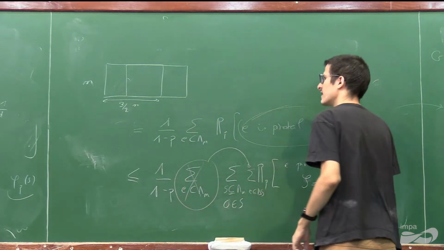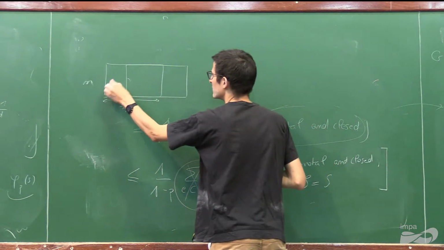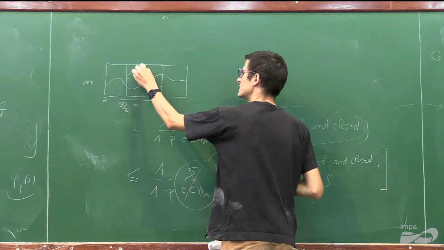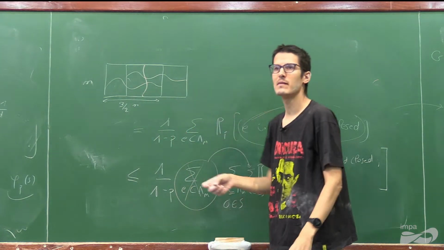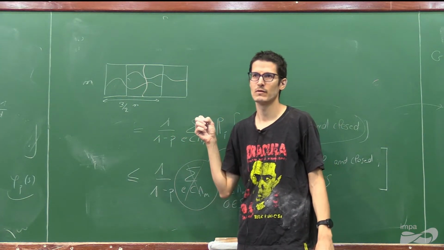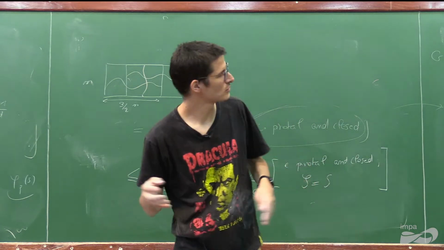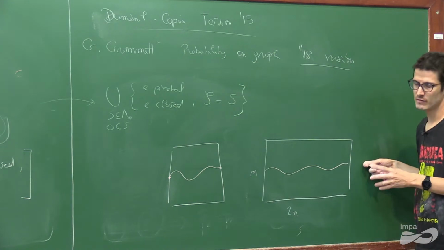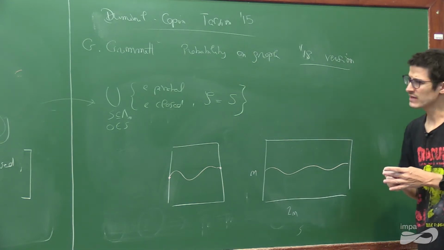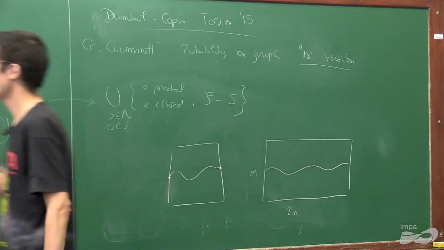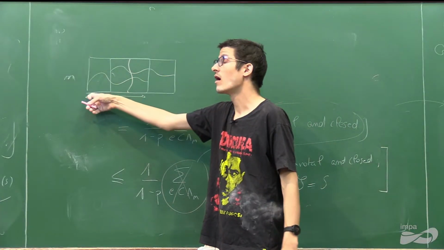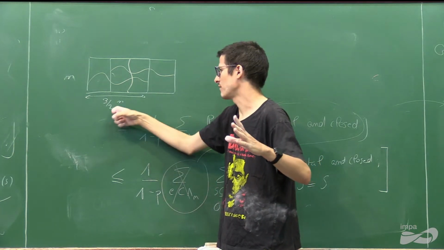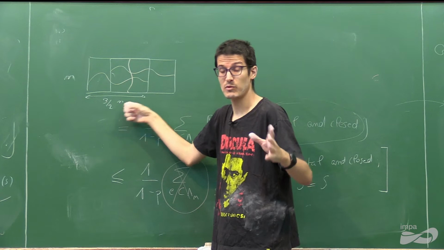And the idea is that if I cross this rectangle and this square from top to bottom, then I'm crossing the larger rectangle. So if I want to show that I cross this rectangle with a positive probability bounded away from 0, it's sufficient to show that I'm crossing rectangles of width 3/2 over n with probability bounded away from 0.